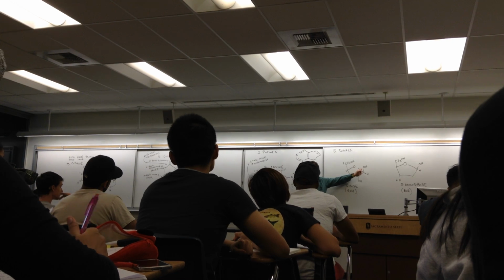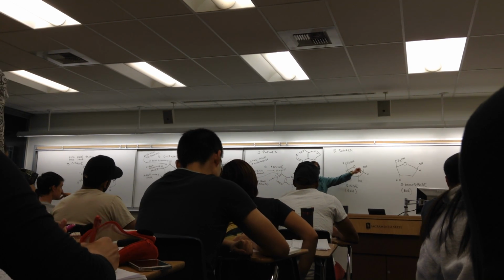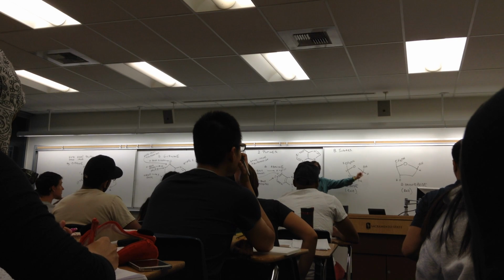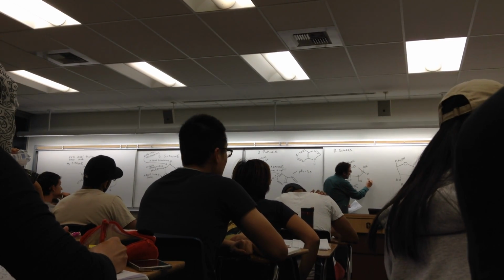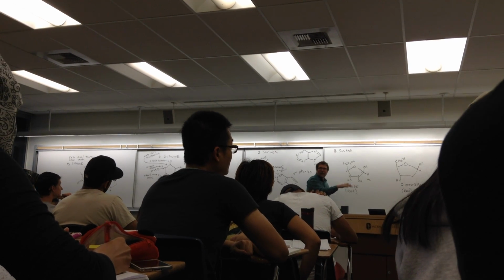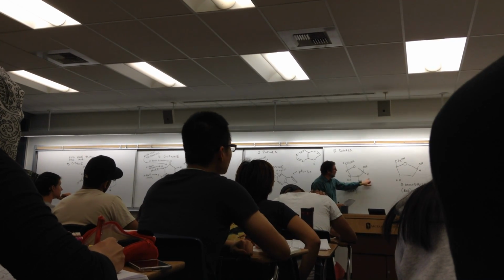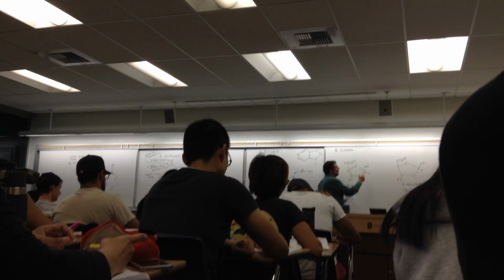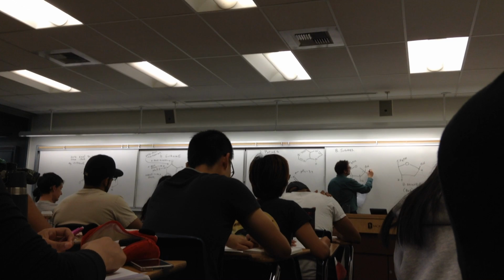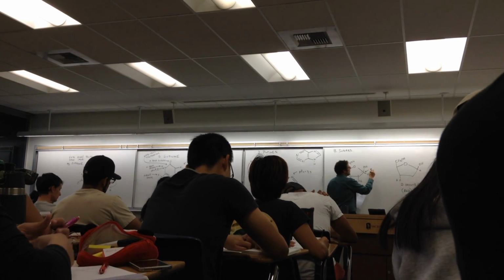Remember alpha, beta? When it goes down, it's alpha. When it goes up, it's beta. Alpha looks like a fish swimming below the water. I don't know, there are a lot of different ways to remember that. But this is beta. So this is in the beta conformation.